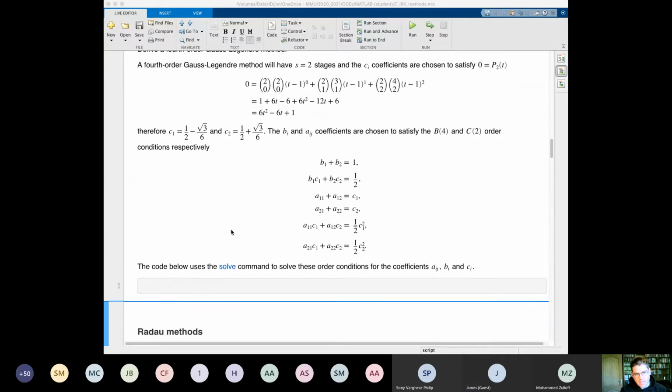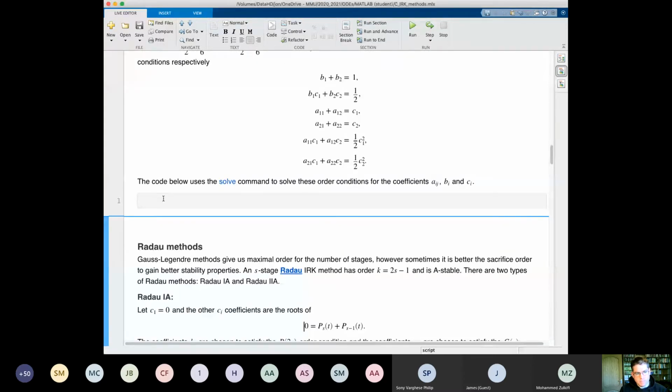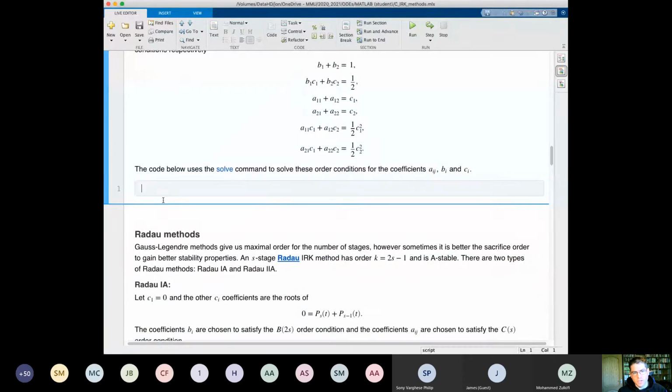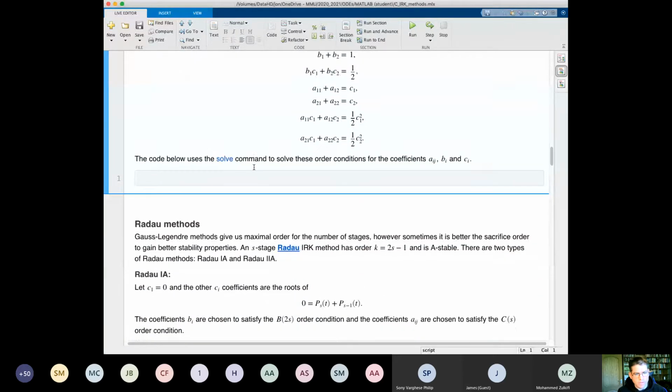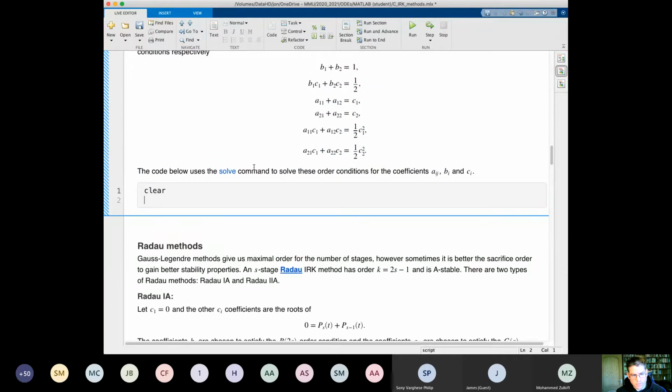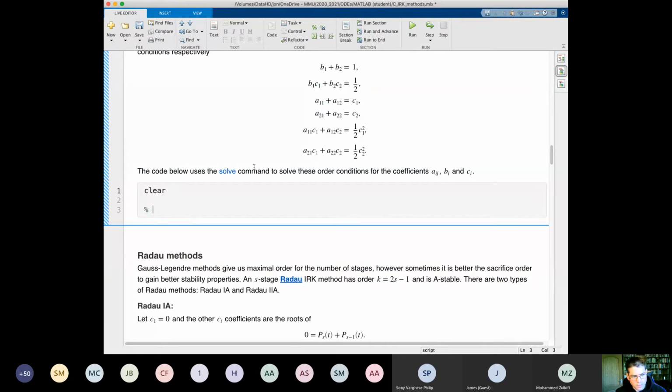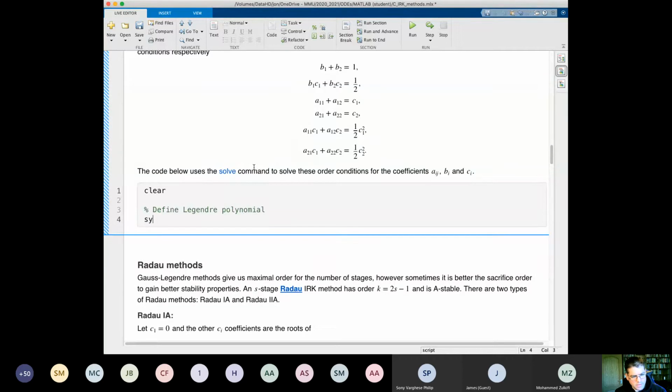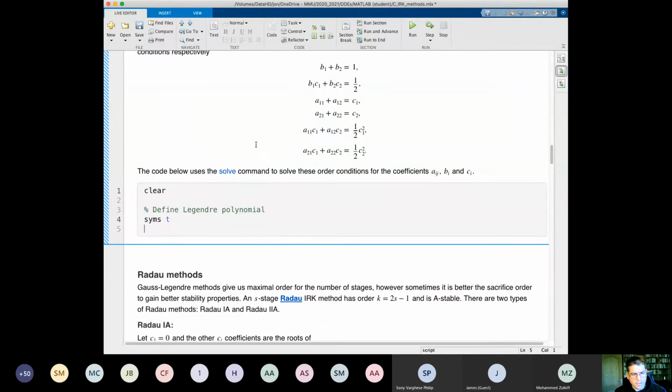Okay, so what I'm going to show you now is the use of the solve command in MATLAB. So this is quite useful. Obviously, we could solve this by hand. It's not too tricky, but you know, we've got better things to do with our time. Okay, so first thing I'm always going to do is clear the memory, and then we're going to define the Legendre polynomial, and I'm going to define it for a symbolic variable t.